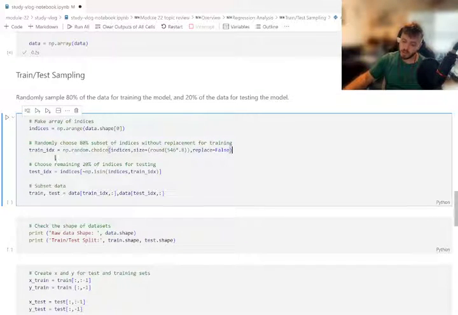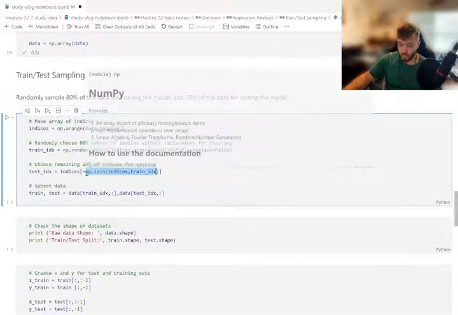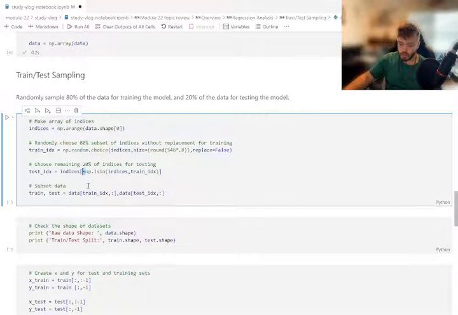So we get our sample of training data, and we get our sample of test data. This little squiggle here for NumPy basically means the complement. So this is saying everything in the indices that is in the training index, we want the opposite of that, the complement. And we're going to subset the data.